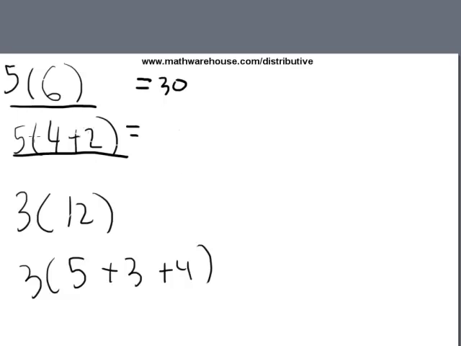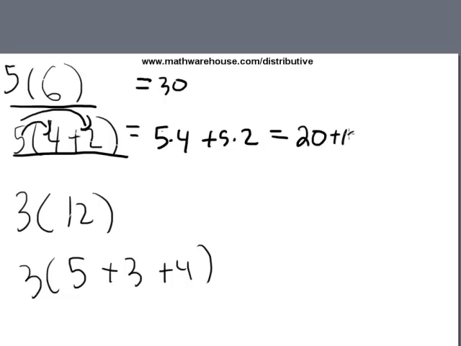You can actually apply the distributive property here, and you'll see that it works and gives us 30. 5 times 4 plus 5 times 2. That's how we would distribute it, according to how we did the prior page's problems. And this simply becomes 20 plus 10, or 30. So the distributive property holds for numbers.